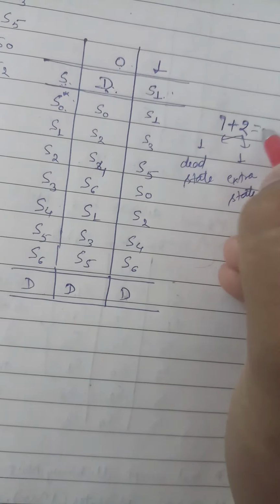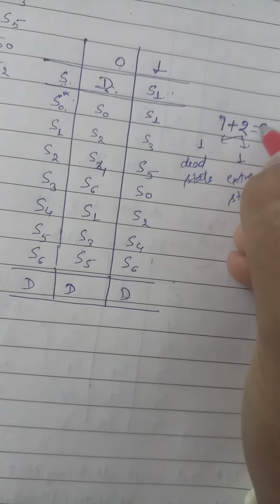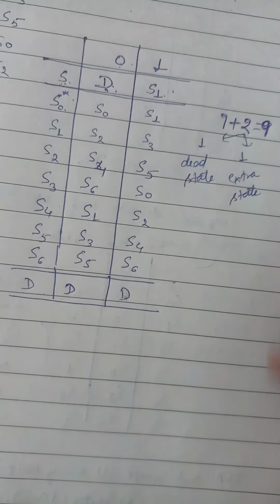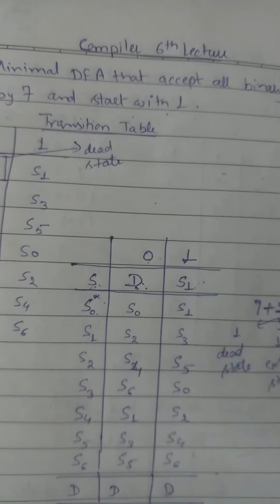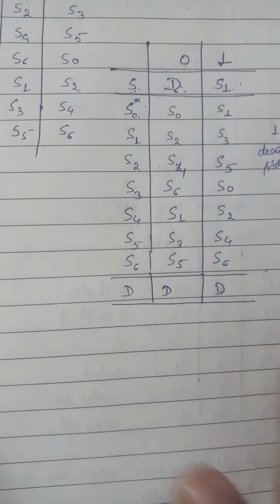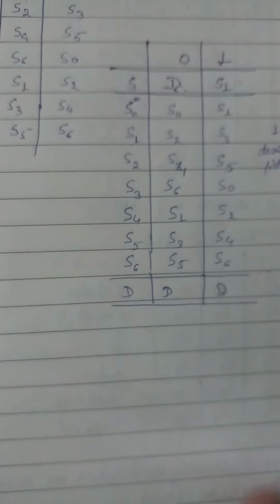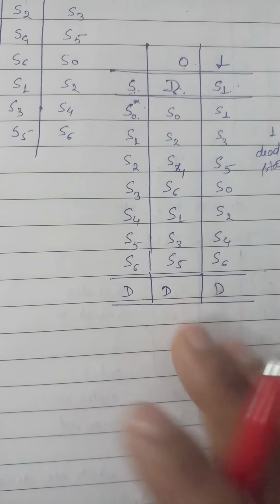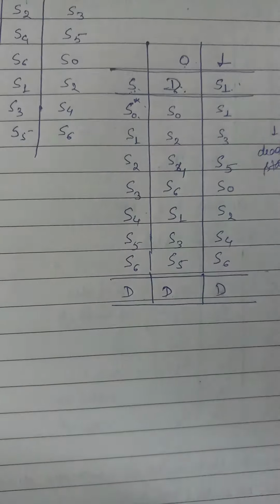So in total we have 9 states in the minimal DFA. Construct a minimal DFA that accepts all binary numbers which are divisible by 7 and start with 1. This is the way of writing when it starts with 1. We have to define one extra state and one dead state, so that there is no possibility that the dead state will come in between.